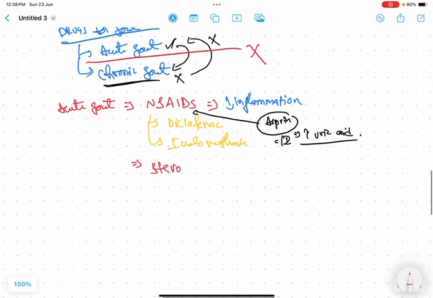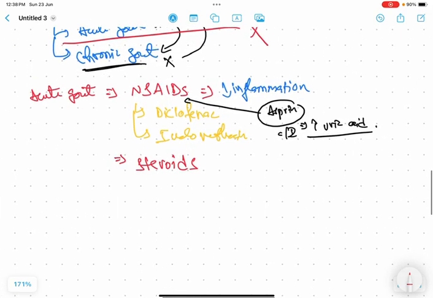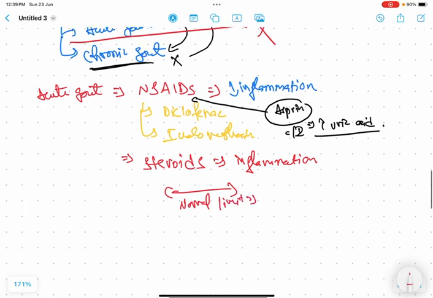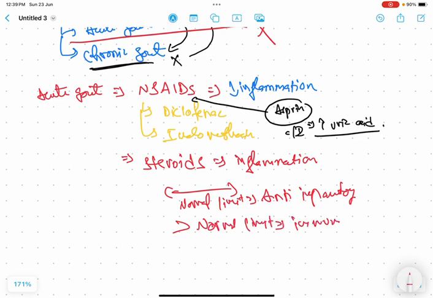Okay, and after NSAIDs we can give steroids. The steroids also decrease the inflammation. Please remember that steroids should be given within the normal limits, because within the normal limit they act as anti-inflammatory, but greater than the normal limit they act as immunosuppressants.